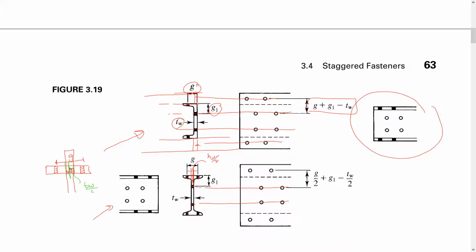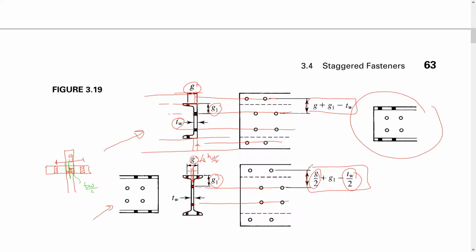So this is G1 plus G over 2, minus half of the web thickness. That's what we get for this one.